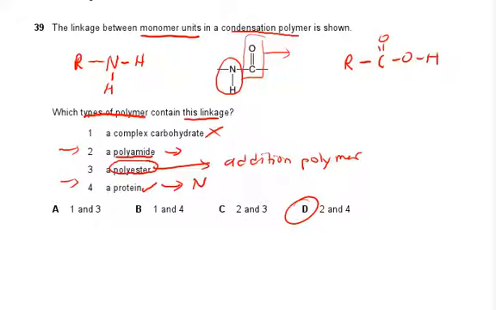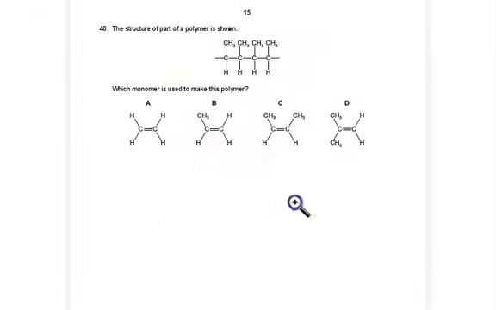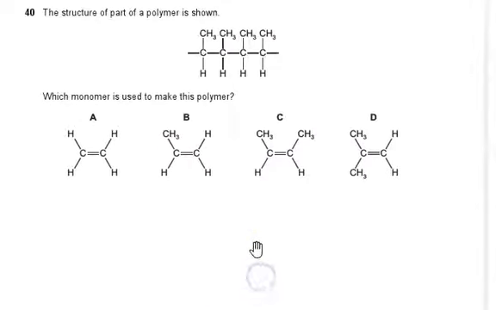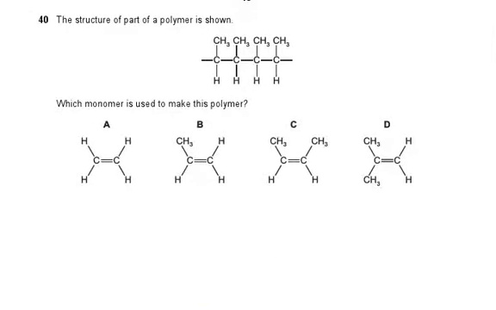Okay, the last question here. The structure of part of a polymer is shown. Which monomer is used to make this polymer? We can actually separate this into two groups. This one is the addition polymer.